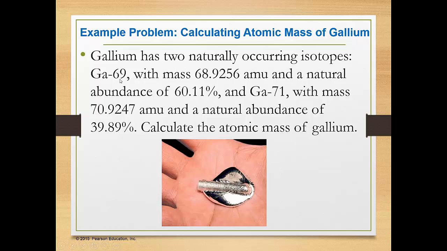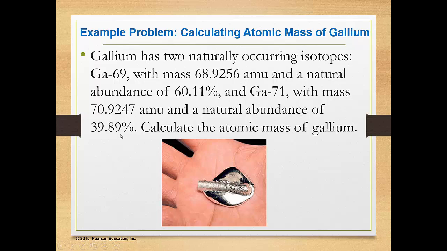We've got gallium-69 that has a mass of 68.9256 atomic mass units, and a natural abundance of 60.11%. Gallium-71, here's the atomic mass units for that one, 70.9247, natural abundance of 39.89%.